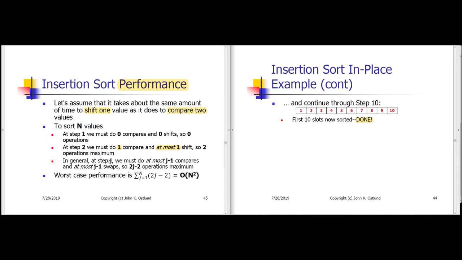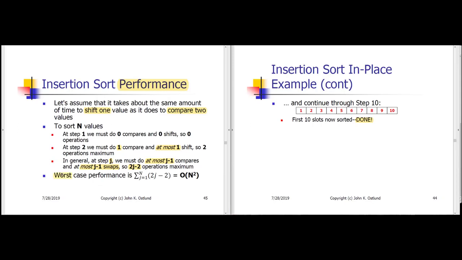In general, for any step j, we're going to have to do at most j-1 comparisons and at most j-1 shifts. So the maximum number of operations that we'll perform during step j is going to be 2j minus 2.